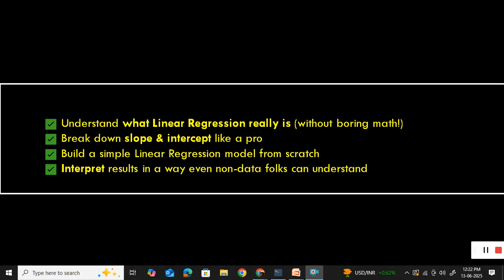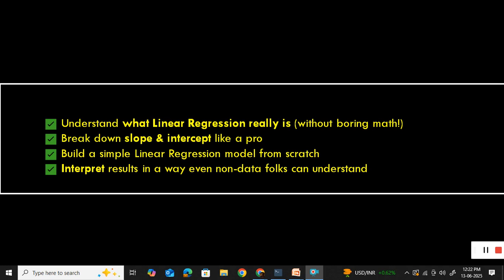And apart from this, you should be very good at interpreting the model output. Once you train the machine learning model, it produces some output, and you should be good at interpreting it.